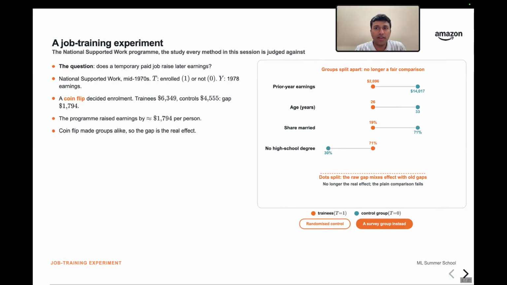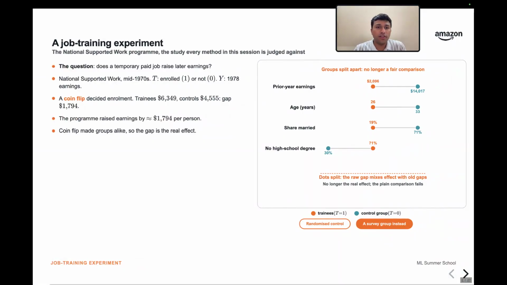When such an RCT took place, the overall finding was that the group who were given the temporary paid job had around $1,700 higher salary compared to the group who were not given a temporary paid job, right? So as we have understood earlier as well, let's say that this is the target that we are looking for.